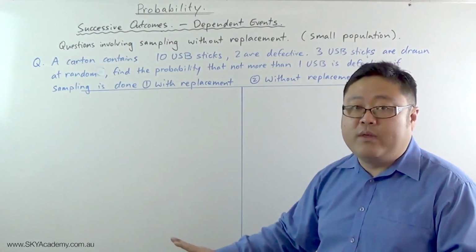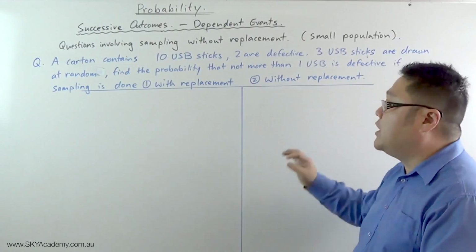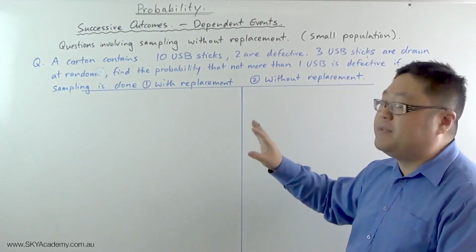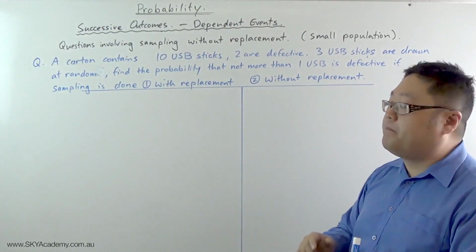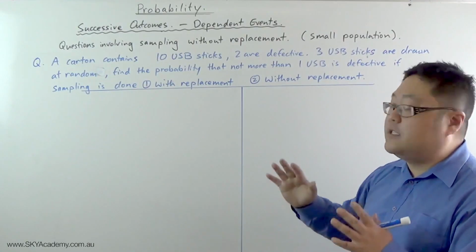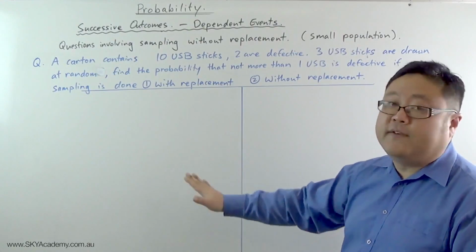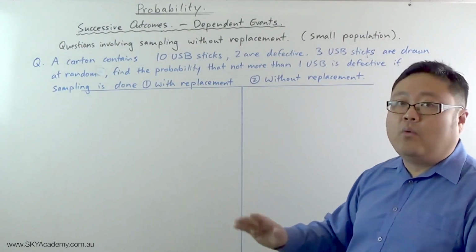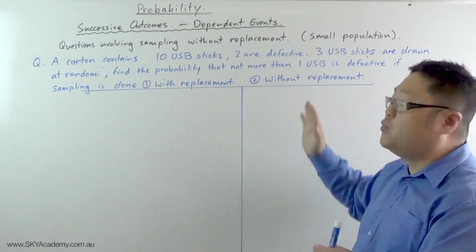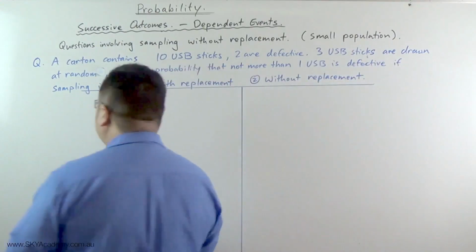So let me go through that with you really quickly. And I don't want to spend too much time on it, except to go through what we've already done before, okay? And it'll serve as a good basis to compare how it's different from something that's done without replacement. So let's have a quick look at this.